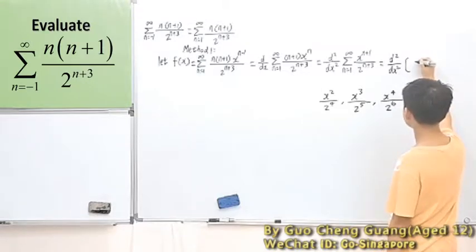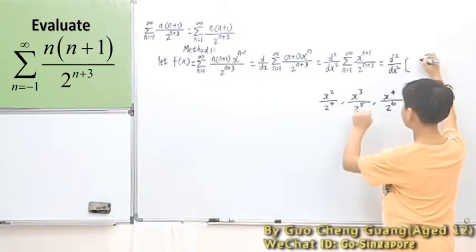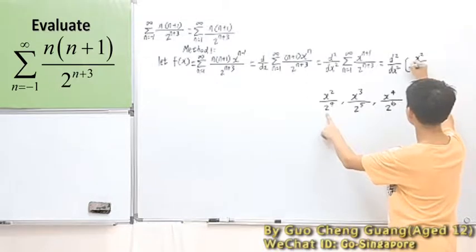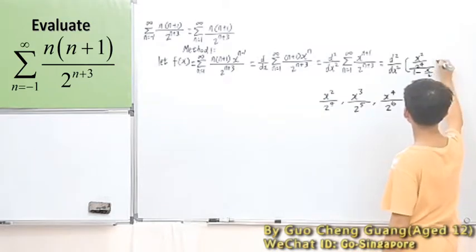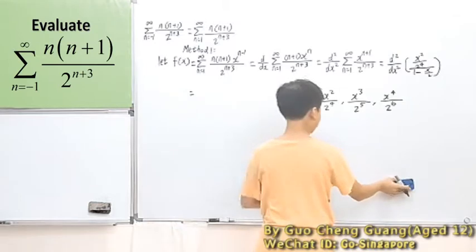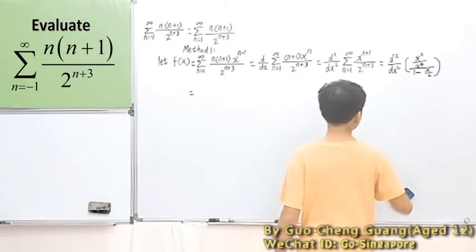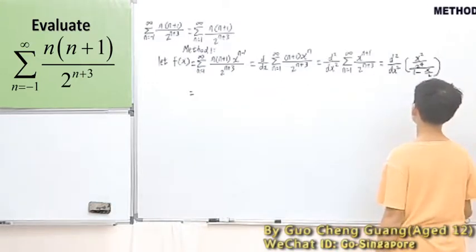So that means for this part, what we'll need is the first term, x squared over 2 to the power of 4, over 1 minus their ratio. Okay, so this part I don't think we need it anymore. Now it's time for this. How can we make this simple?